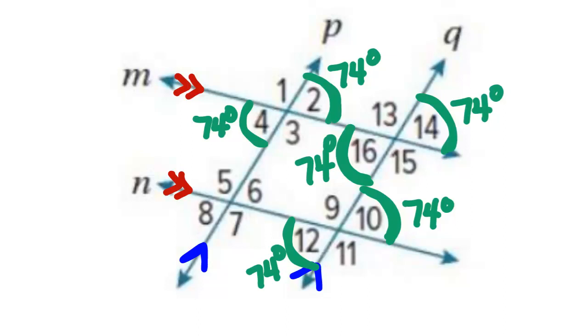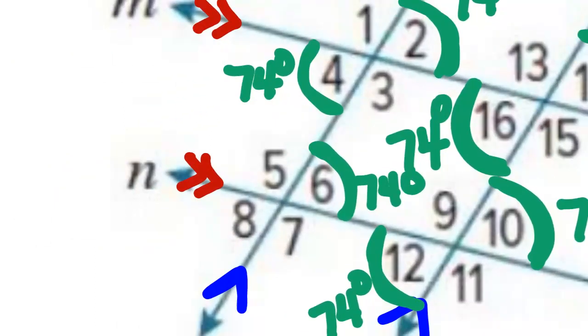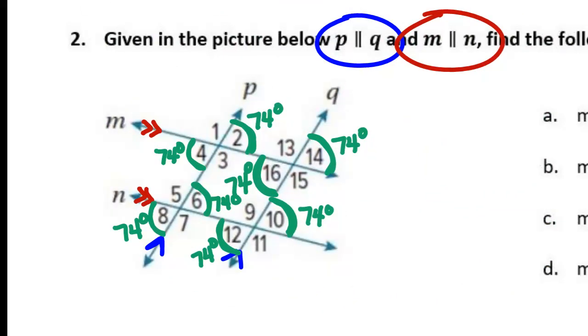So since I know that angle 12 is 74 degrees, the alternate interior angle, angle 6, would also be 74 degrees. Angle 12 is a corresponding angle to angle 8, so that one would also be 74 degrees. Because I've got two sets of parallel lines, I have a lot of congruent angles here.